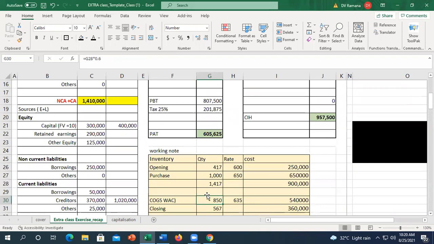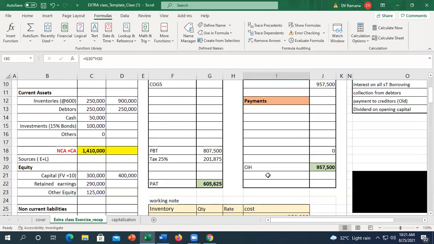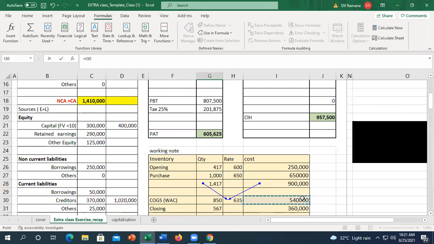Let us assume, because nothing is given, that we take weighted average cost. The weighted average is the total value of the goods available divided by the total quantity of the goods available, so 635. So the cost of goods sold is 850 into 635, which is 540.